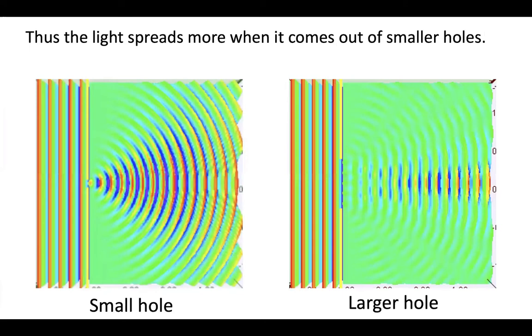So whenever you see diagrams of waves like these, what you will see is that if you have a nice normal wave coming in, then you make a small aperture, you get lots of spreading. You can actually get to almost spreading spherically away from the aperture if you make it small enough.